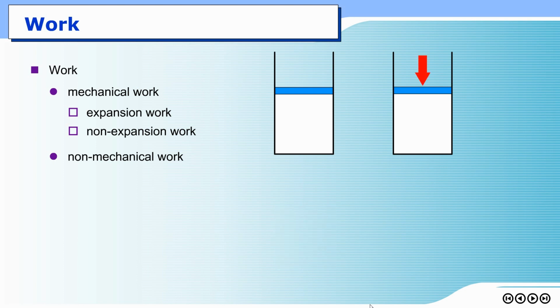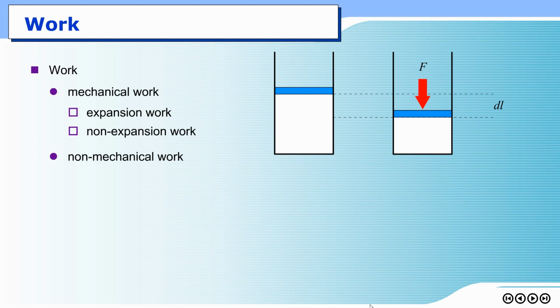We are going to focus on expansion work at this moment. If I have a piston cylinder assembly and I push the piston down, so basically I compress the gas inside, in order to push it down, we need to give the system work. Mechanically, the system receives force by the push.